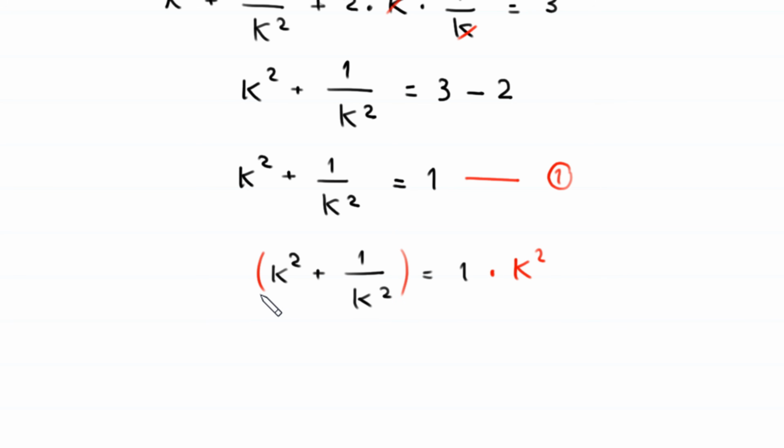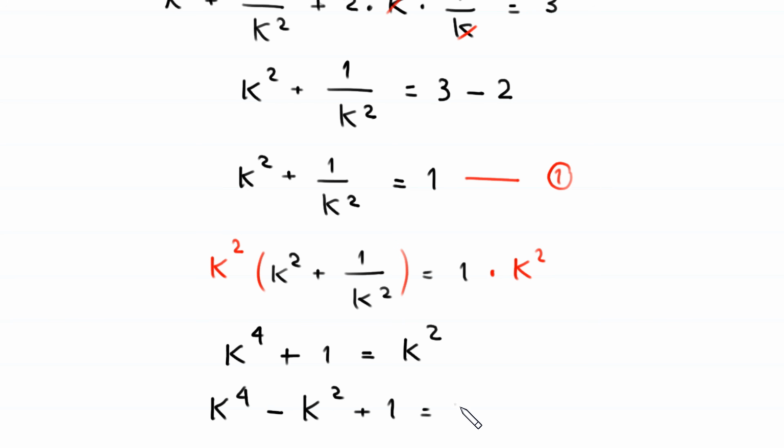On the left hand side, k squared times k squared will become k to the power 4, and k squared times 1 over k squared will become plus 1, equal to 1 times k squared, which is k squared. Move this k squared to the left hand side, and this will become k to the power 4 minus k squared plus 1 equal to 0.